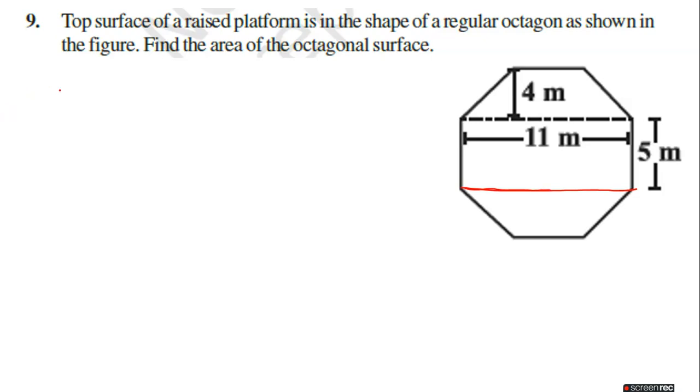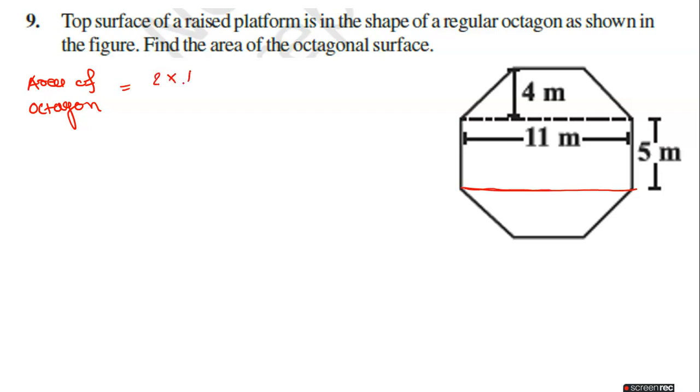Right now you can stop me anytime, but after completing the full answer you can ask. Then here I will write area of octagon, or octagonal surface also you can write.